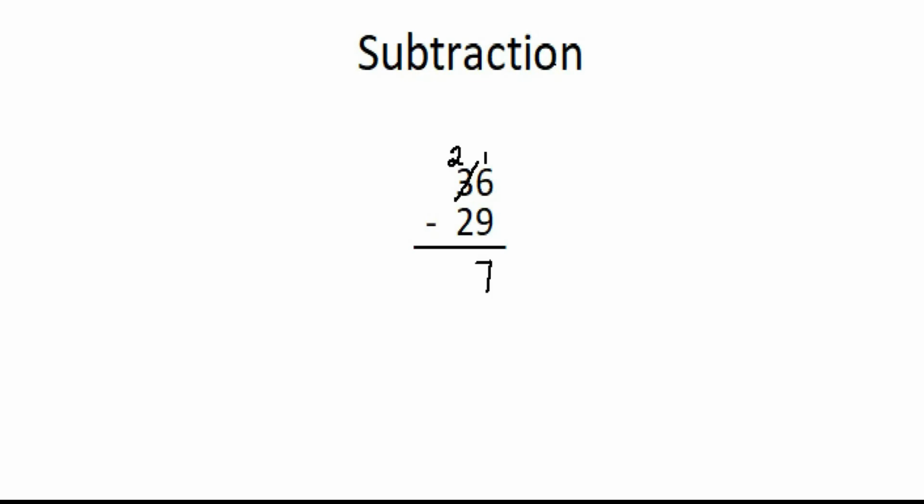Moving over to the tens column, let's subtract. We have 2 minus 2. 2 minus 2 is 0. Because 2 minus 2 is 0, we don't have to write 0 in our answer. The answer is 7. 36 minus 29 equals 7.